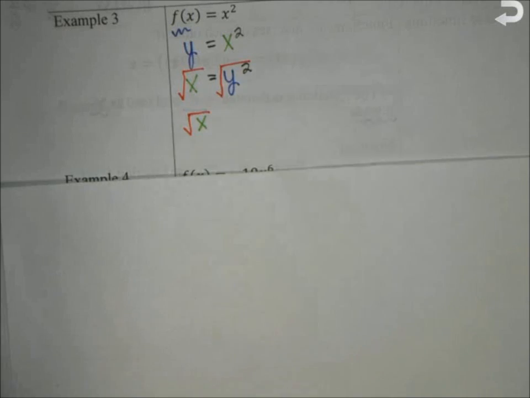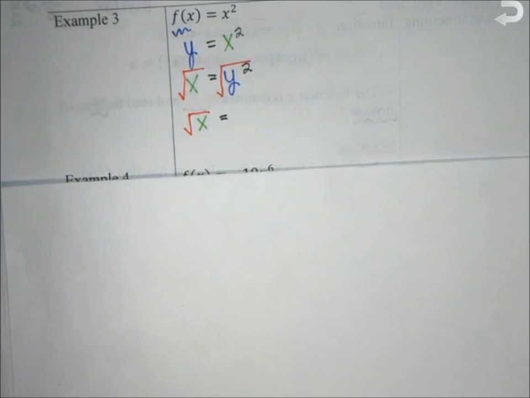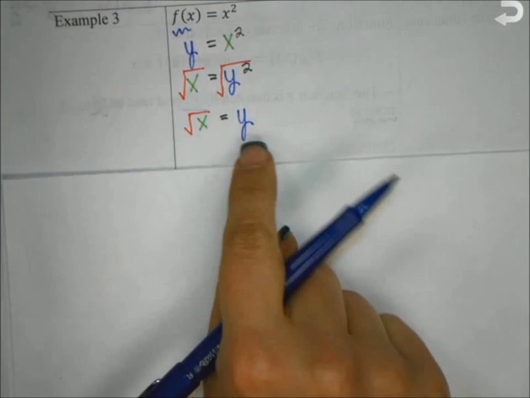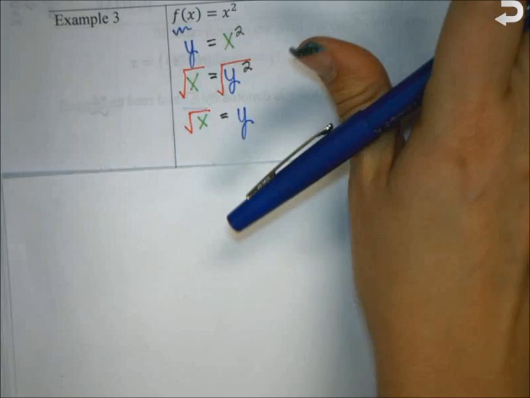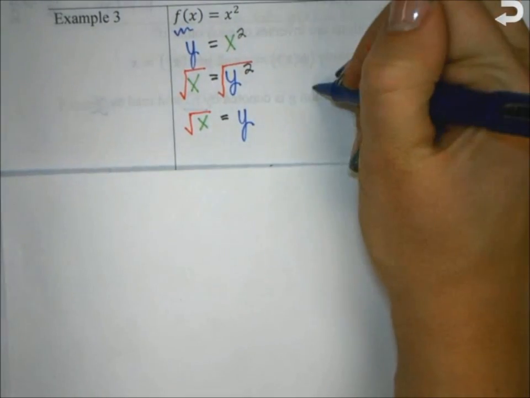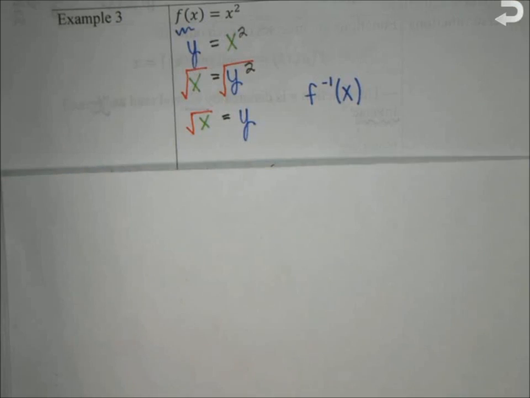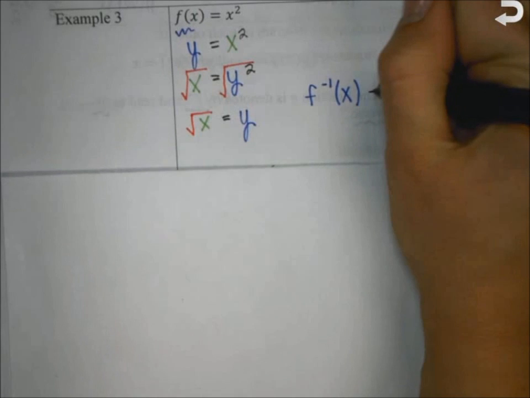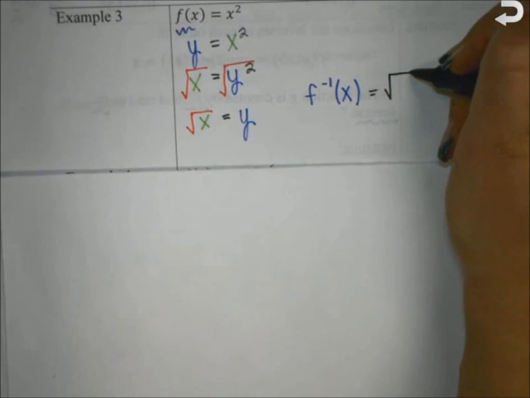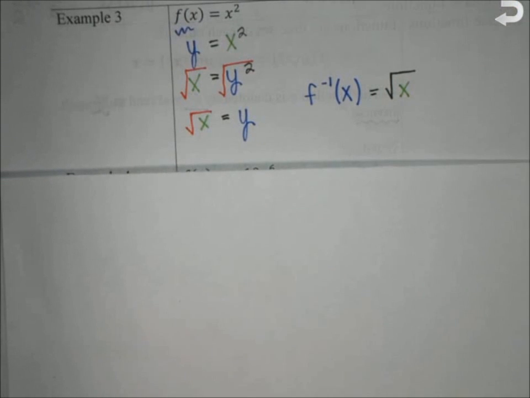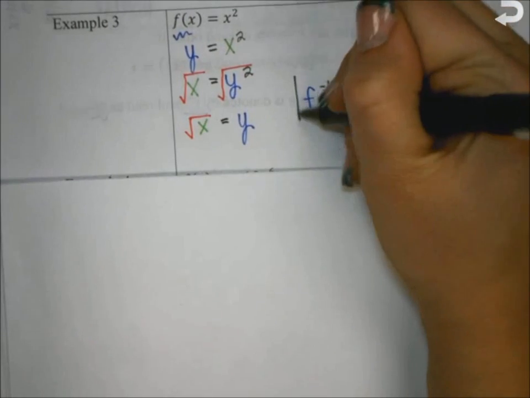But remember, our original problem is f of x, so we're just going to rewrite y as f inverse of x, because that's actually what we found, right? The inverse equals square root of x. You guys okay with that?